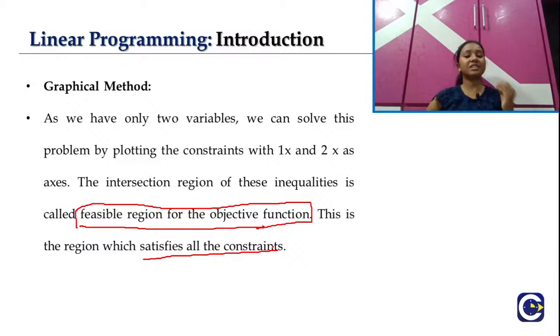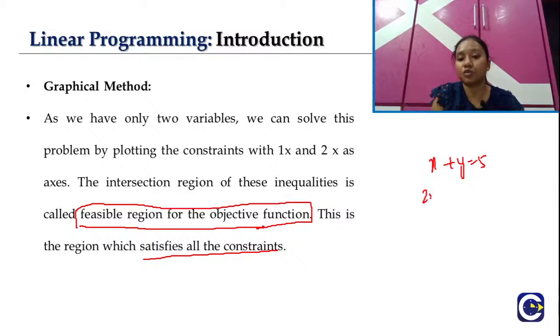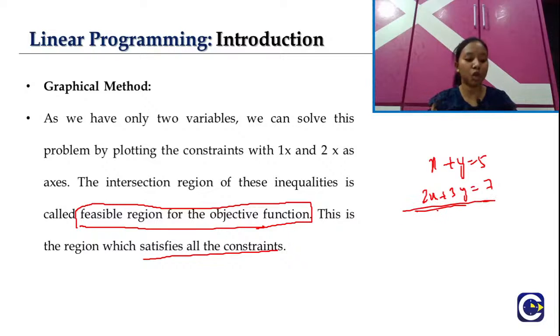It's easy, for example if we are having x plus y equal to 5 and 2x plus 3y equal to 7, how will we get the solution? You will just plot it. The intersection point will be the solution of these two lines. Similarly here, as we are having 2 variables, we could easily get the intersection point.